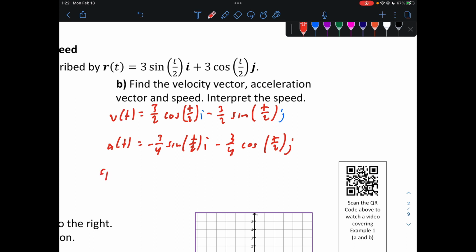Speed then would just be the magnitude of the velocity vector.